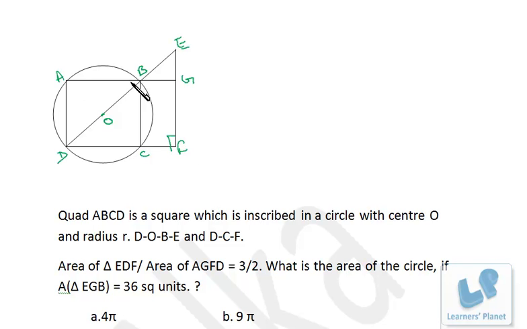Now again, ABCD is a square, that means it's a straight line, that means this angle will also be 90 degree. This is 45, that means this will also be 45, right? Now I assume this length to be x, then this will also be x, right? The side of the square I assume to be y, y, y, y, then this will also be y, right? Now what?